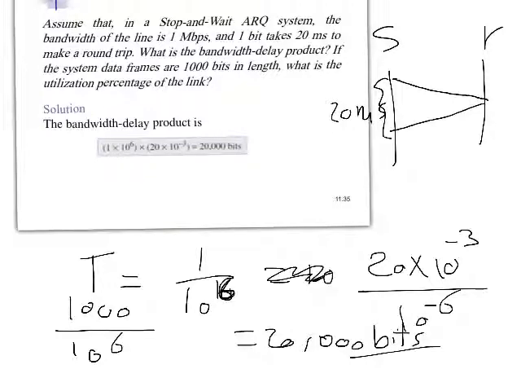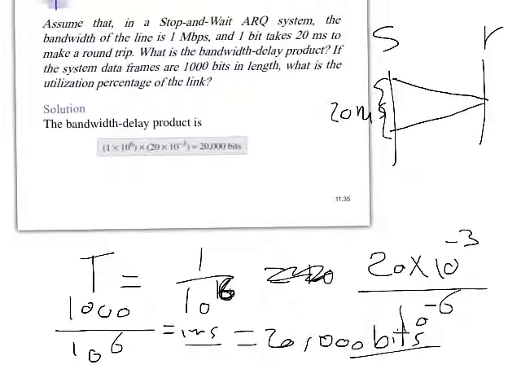Right? Which is 1 millisecond. So for 20 milliseconds, I utilize the channel for only 1 millisecond. So the utilization of the channel is 1 over 20.